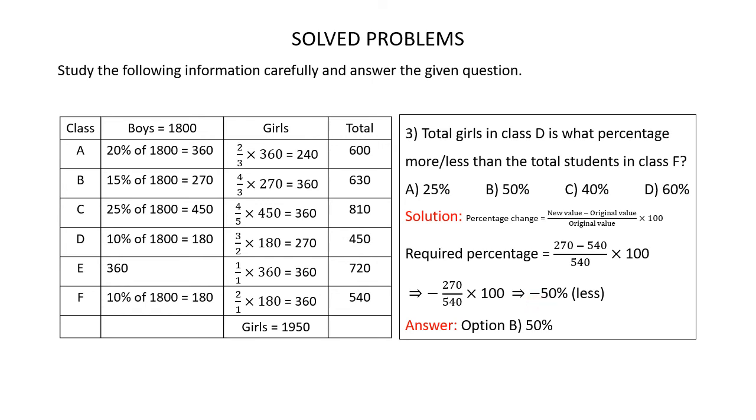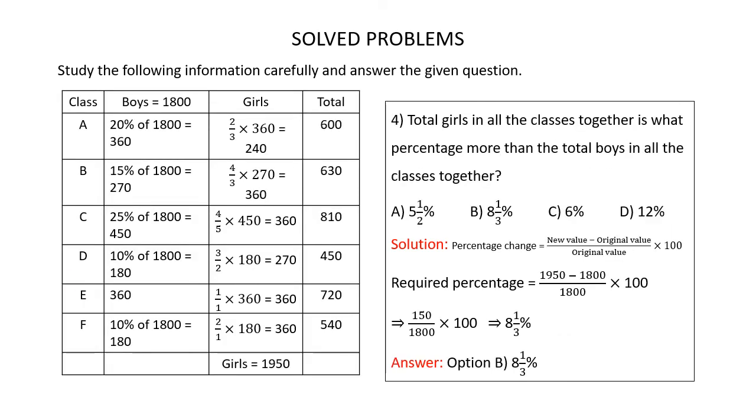The negative sign here indicates there is a percentage less. So total girls in class D is 50% less than the total students in class F. So the correct answer is option B, 50%.